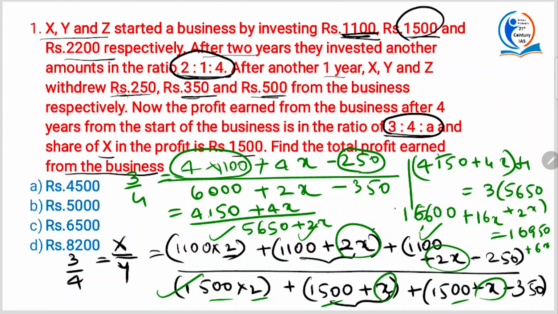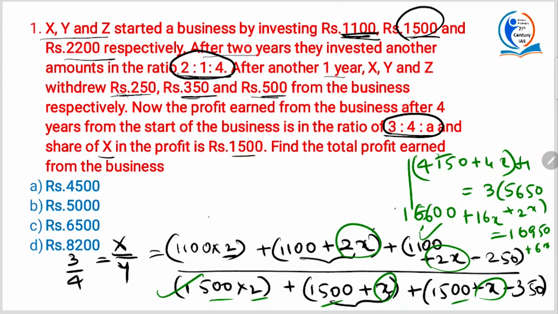Now what will you get? 16x minus 6x is 10x. 10x is equal to 16950 minus 16600, which is 350. So x is equal to 35.